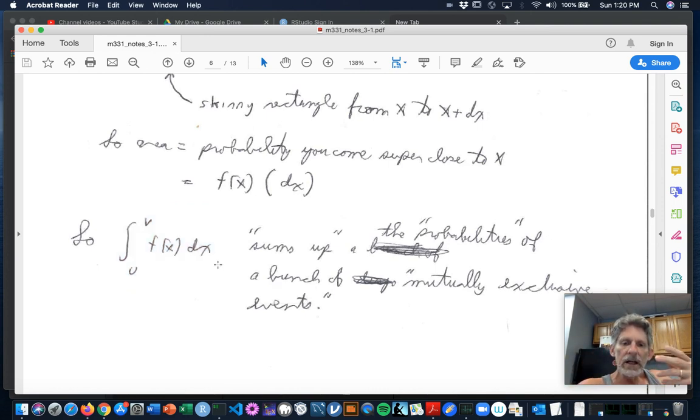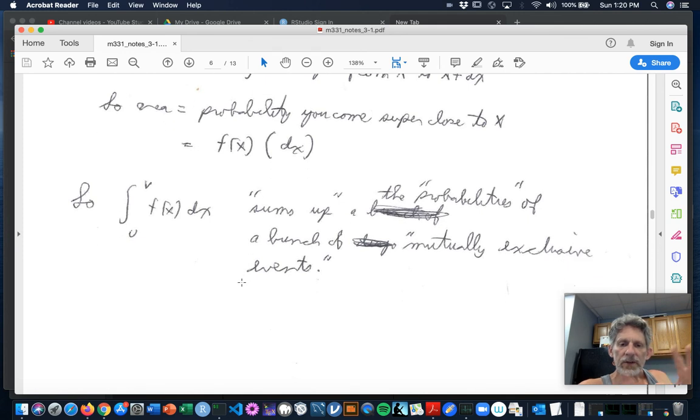And so it's adding up the probabilities of a bunch of mutually exclusive events. Chance you come close to this little guy, chance you come close to this little guy, and so on. So formally, definite integrals are limits of the sums of areas of real rectangles. But if you think about them this way as the sums of infinitely skinny rectangles, it can be very helpful. It's adding up probabilities.